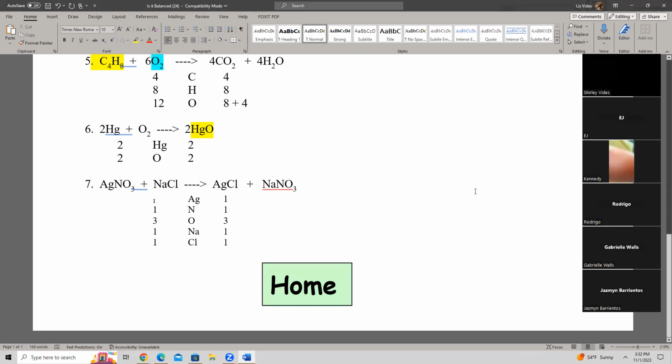Now, another tip that I can give you, and you need to look at, is that if you have a polyatomic ion, and I'm going to use the other color, such as nitrate, that remains the same, like it doesn't break up during the whole reaction, then doing what we did here is pretty much annoying.